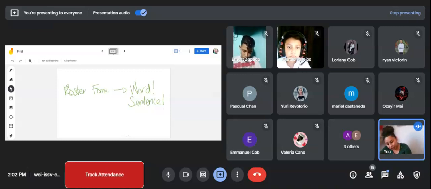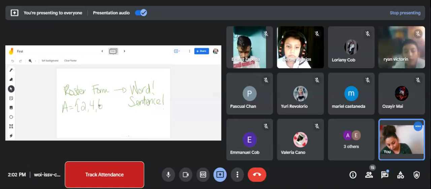So if I were to give you set A is equal to 2, 4, 6, and the ellipsis, the three dots. Those three dots mean that this set continues and continues and continues. It does not end. It's an infinite set.